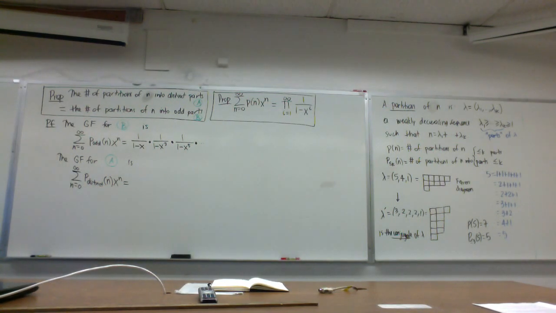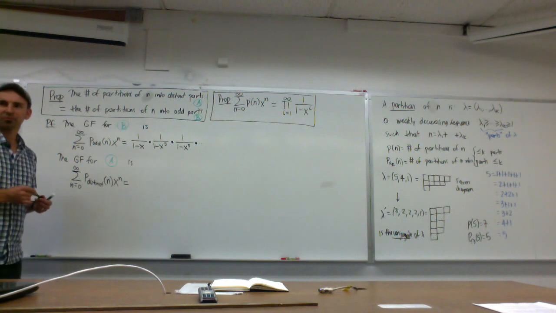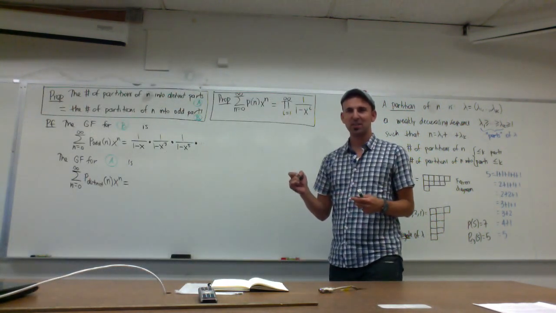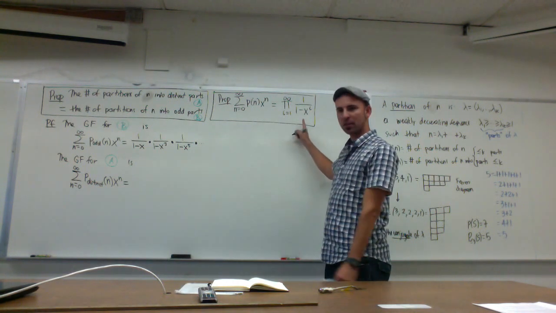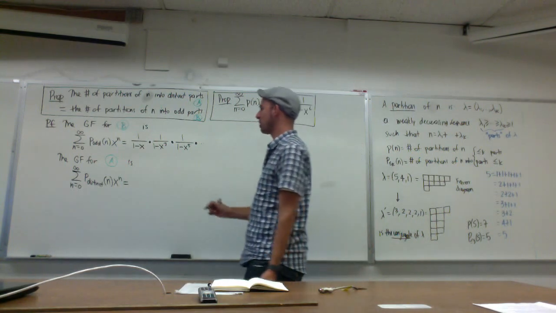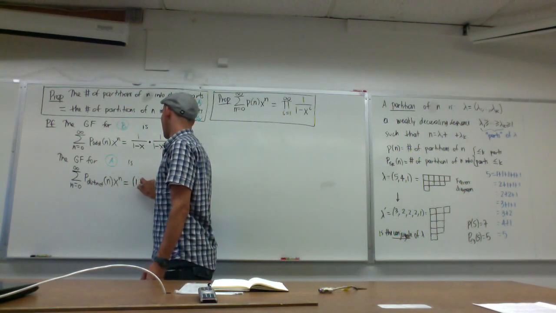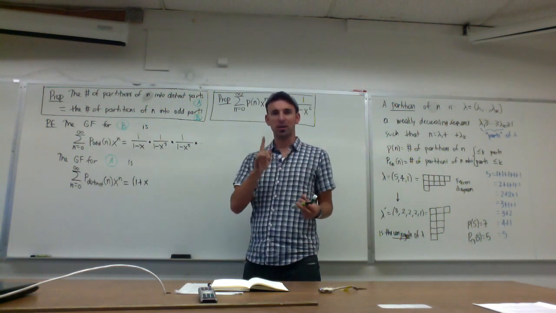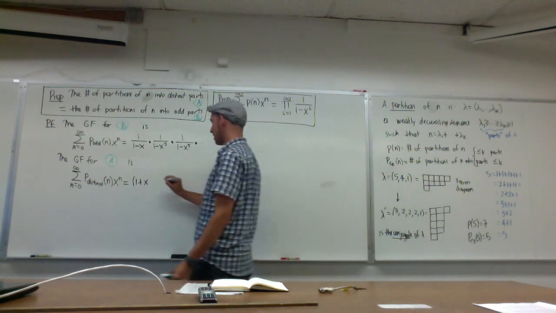What should I do? 1 plus x, 1 plus x squared, 1 plus x cubed. So in order to ensure that I have distinct parts, I'm going to write down the same thing, except that I'm going to make sure that I don't choose any repetition. So the first term was 1 plus x plus x squared, but that meant repeating the number 1, and I don't want to repeat it. So I just write this.